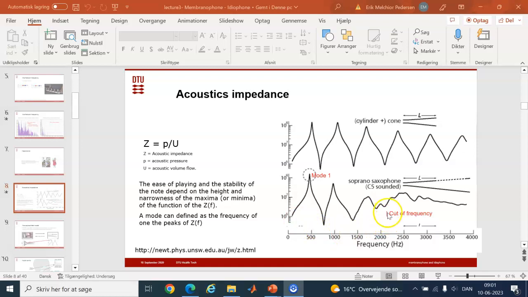And here for the flute, there's a cutoff frequency a little bit more than 2000 Hertz, maybe also for other instruments.